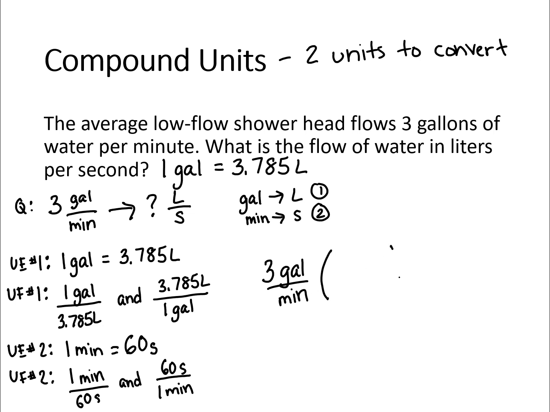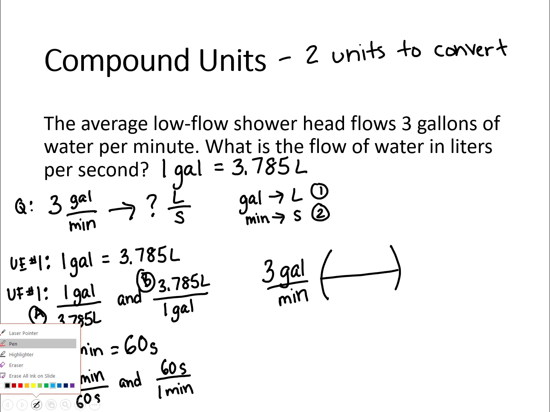And in our first unit equation, we talked about how to convert gallons to liters. So what unit do I need to have at the top and the bottom? Tell me if I'm using A or B. Because we're getting rid of gallons first.